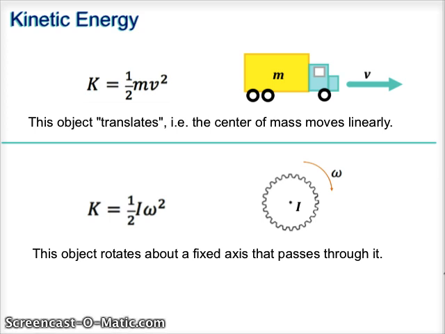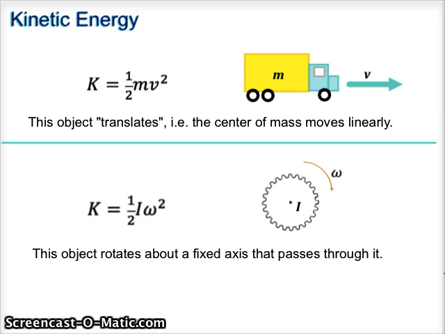And so we will use I instead of m. And it's not a linear speed, it's an angular speed, omega, that we would be looking at. So our kinetic energy formula for rotational motion has the same exact form as for linear motion. It just uses ideas more related to rotation.